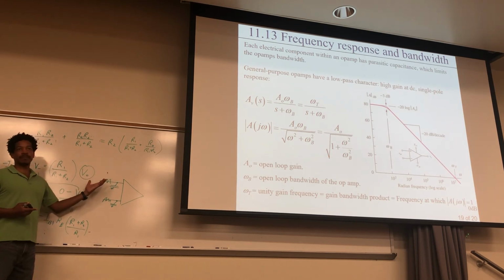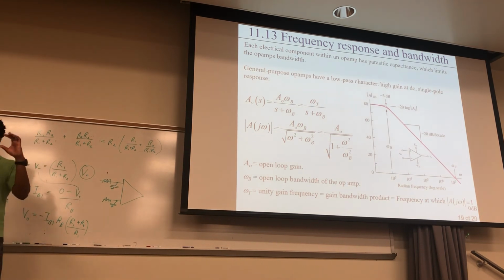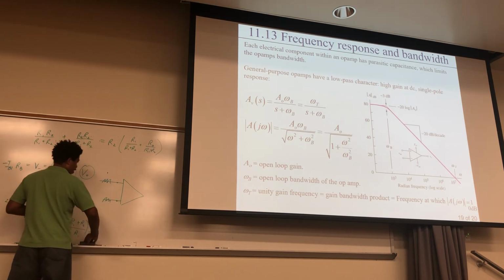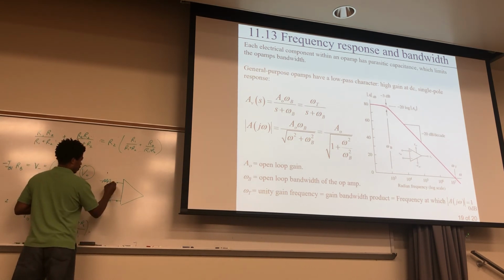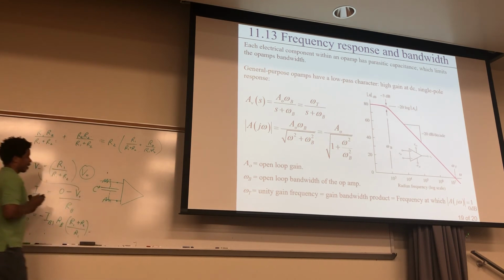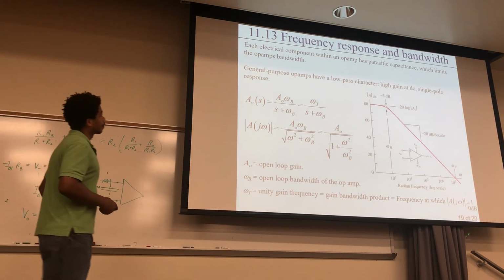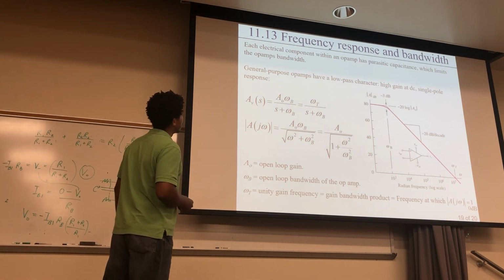You have lots of these components, and each one you could think of as an imaginary tiny capacitor associated with every single component in your op-amp, in your circuit, or even between things. For example, you have these two wires here. There's this parasitic capacitance between the two wires, where this is some C. So even if you have lines close together, there's capacitance between them. And that's going to cause some issues, right?